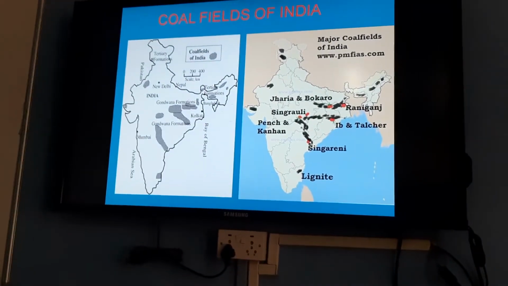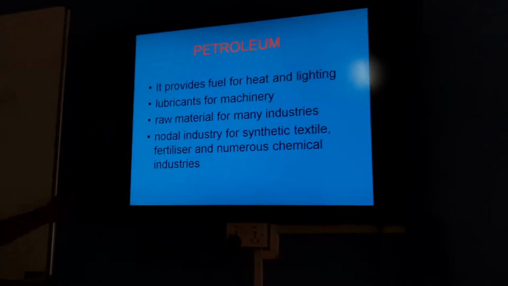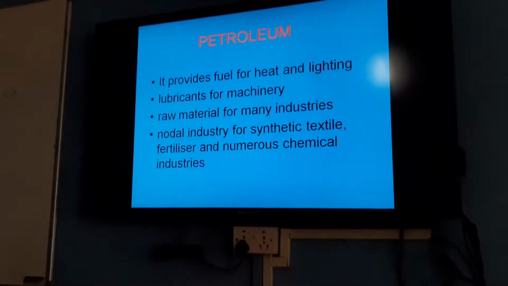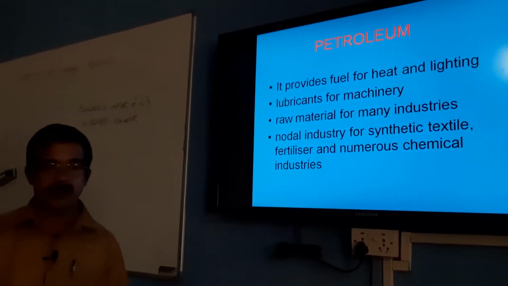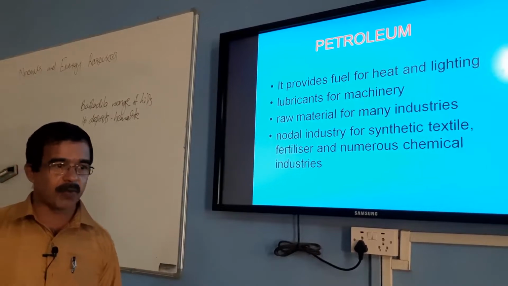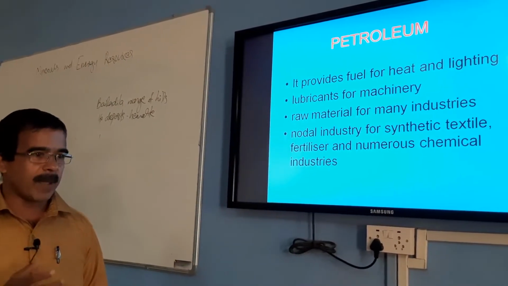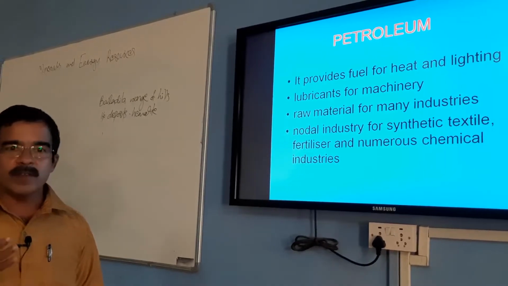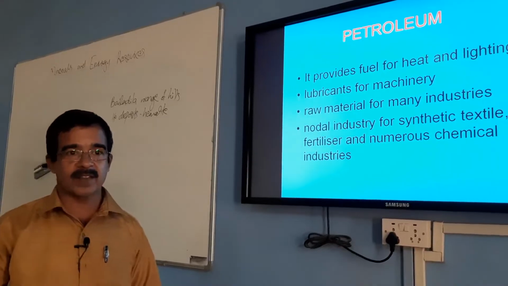Okay. Right? Petroleum. Petroleum is the most important fossil fuel, very essential for all types of people. If coal is widely used for industry and other purposes, petrol, the byproduct of petroleum, is useful for every type of people, even in villages, kerosene and all.